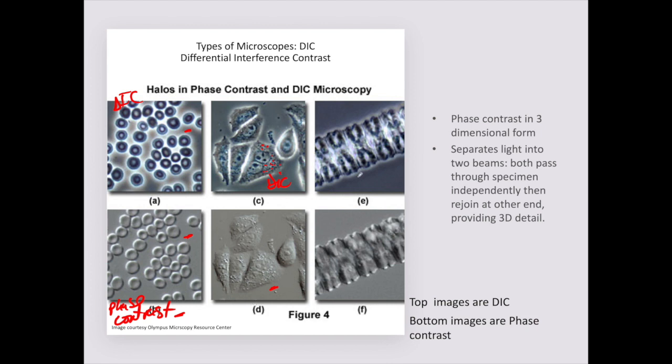And finally, over here, we have a specialized type of bacteria called cyanobacteria. Inside of here, I can see some different structures, whereas on the phase contrast, I cannot. So if I'm looking for internal structures, I would want to use DIC. But if I'm looking for external structures, then phase contrast would be fine.